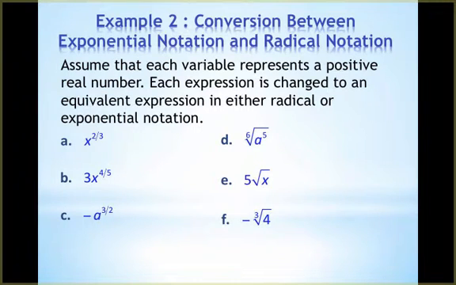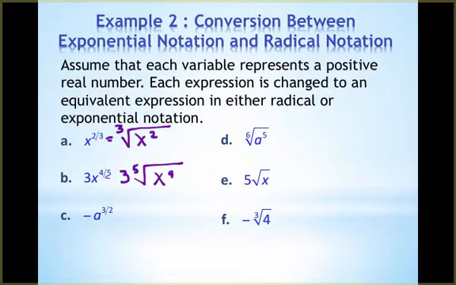Now let's look at converting between exponential and radical notation. So if I have x to the 2/3, we just discussed that. That means we're going to be doing the cube root of x squared. If I have 3 times x to the 4/5, now the 3 is not being raised to a power, so that would be 3, and then the 5th root, the bottom is the root, just like the root is at the bottom of a tree or the bottom of a plant. The root's at the bottom of the fraction, so it's the 5th root of x to the 4th.